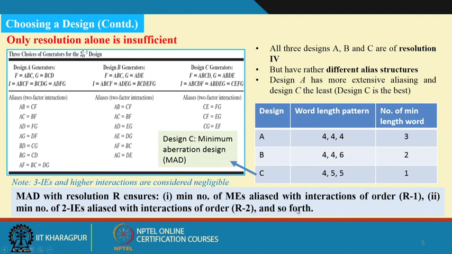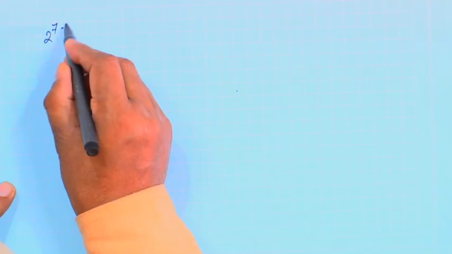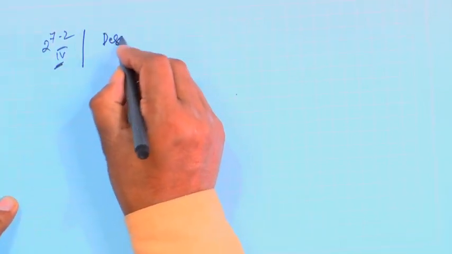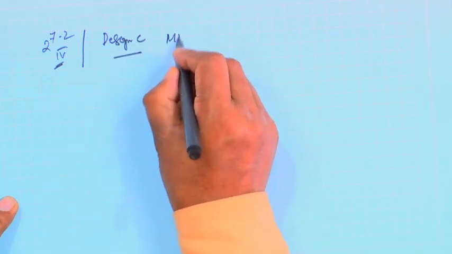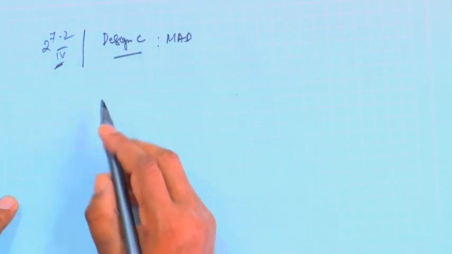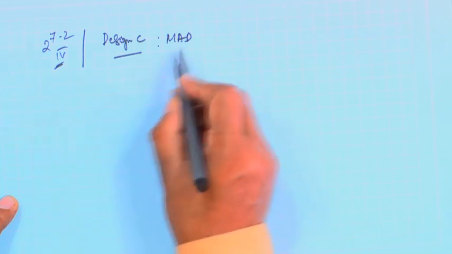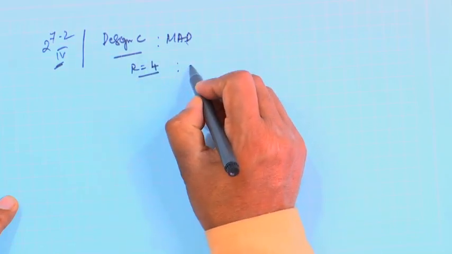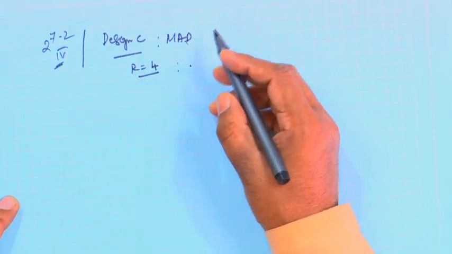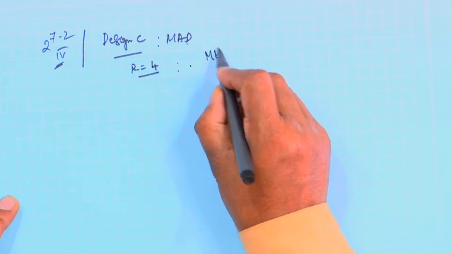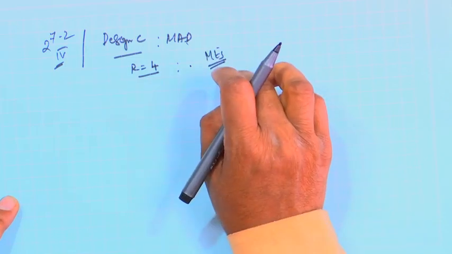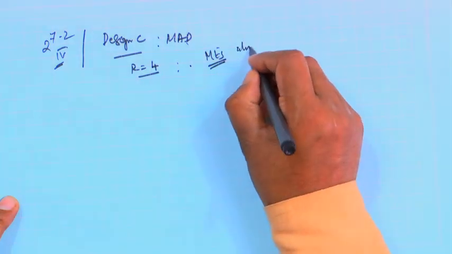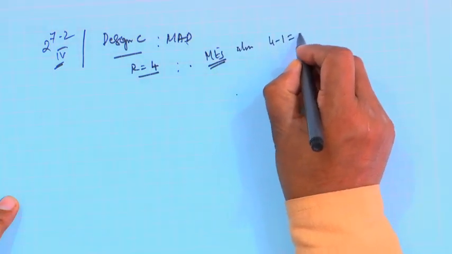What does it mean? Our example is 2 to the power 7 minus 2. If you take design C, this is our minimum aberration design. So what is the resolution? R equal to 4 here. So main effects aliased with R minus 1 means 4 minus 1, that is 3.